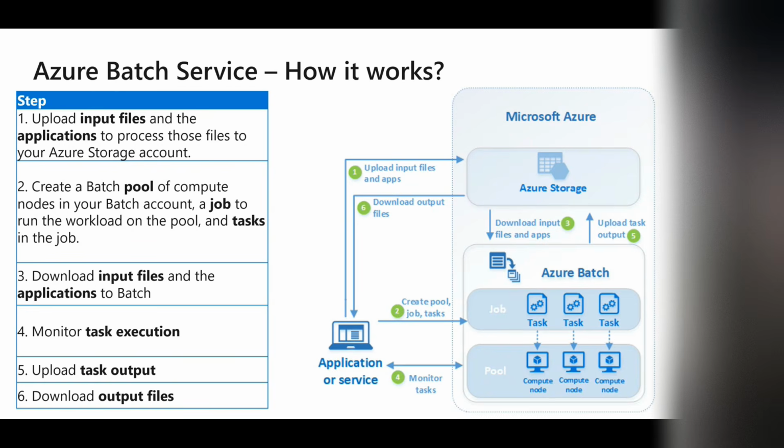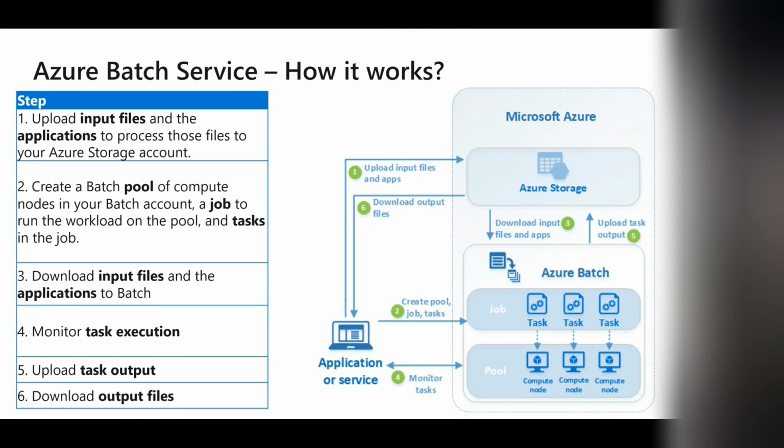There are SDKs available, and each job can have 1 to n millions of tasks, which are distributed. They are picked up as soon as a VM is done with one task; it will pick up another. That's how they do parallel processing.